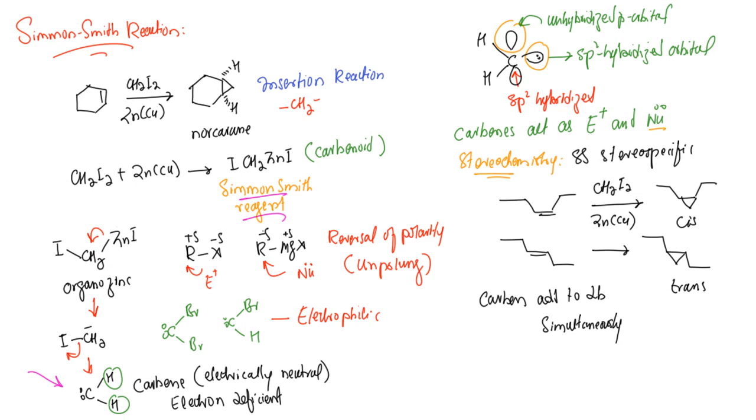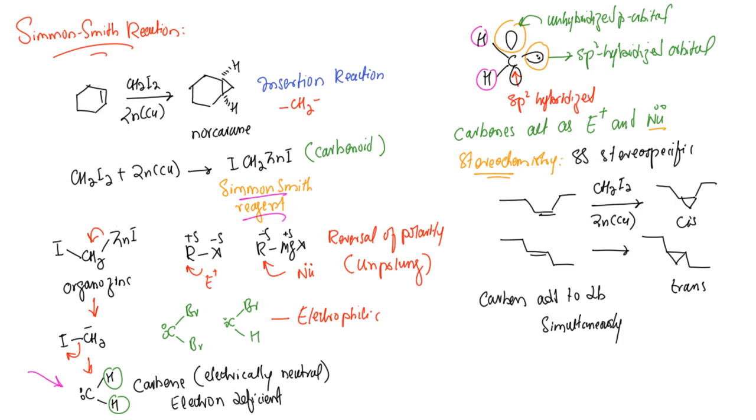As far as stereochemistry is concerned, the carbon atom of the carbene is sp2 hybridized. Two of the sp2 hybridized orbitals are linked to two hydrogens or any other atoms such as bromine or chlorine, and one of the sp2 hybridized orbitals has a pair of electrons.